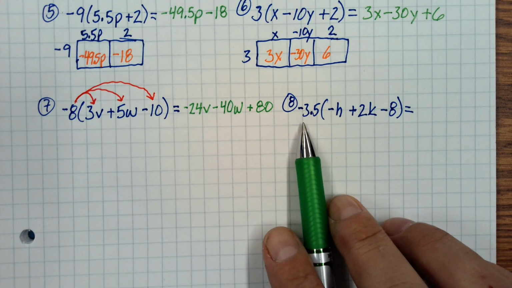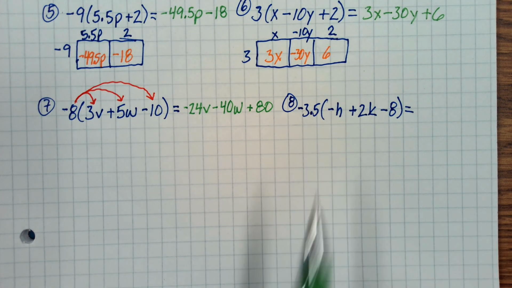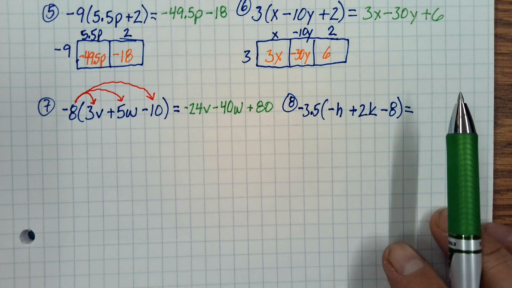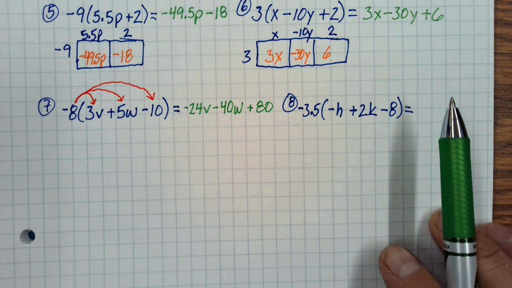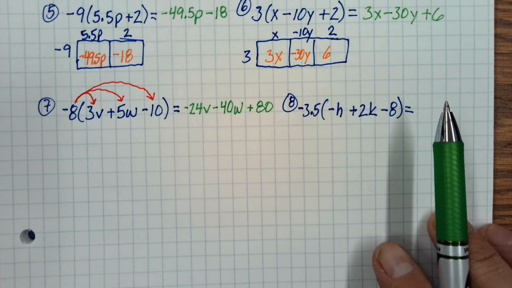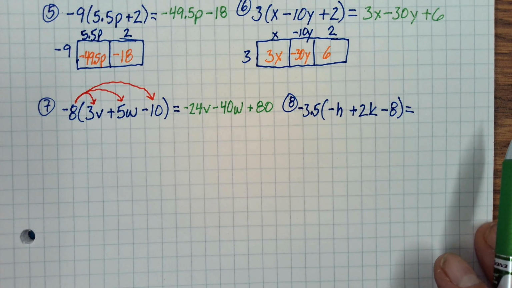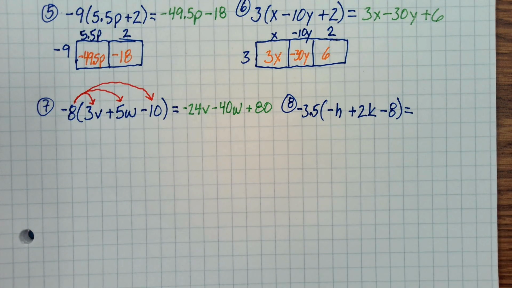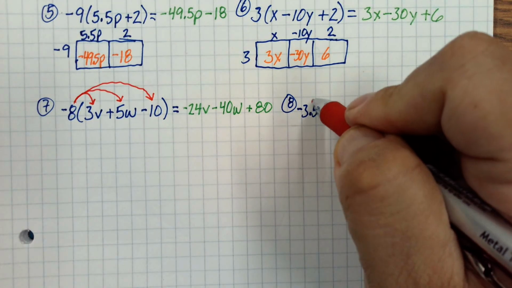So let's start by multiplying in an area model, and then we'll get the answer. So negative 3.5 times negative h. Isn't that just 3.5h?